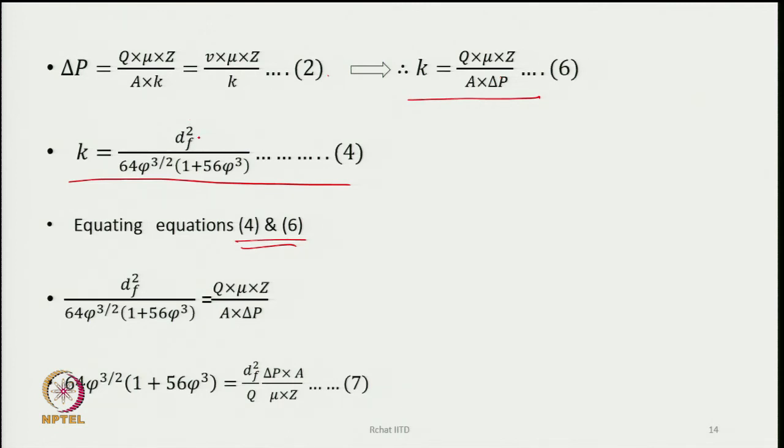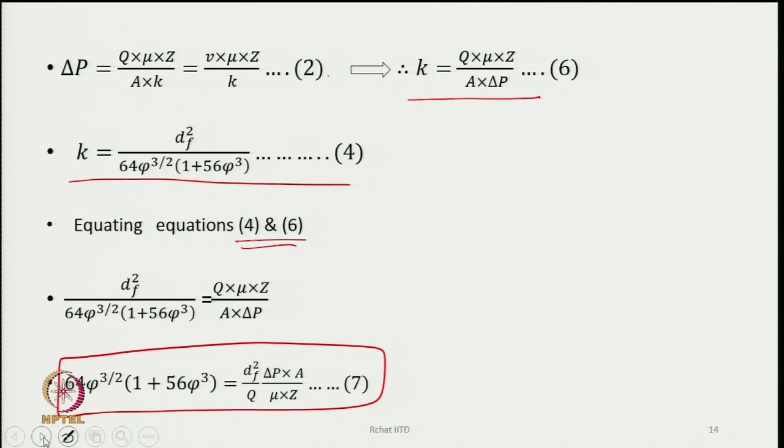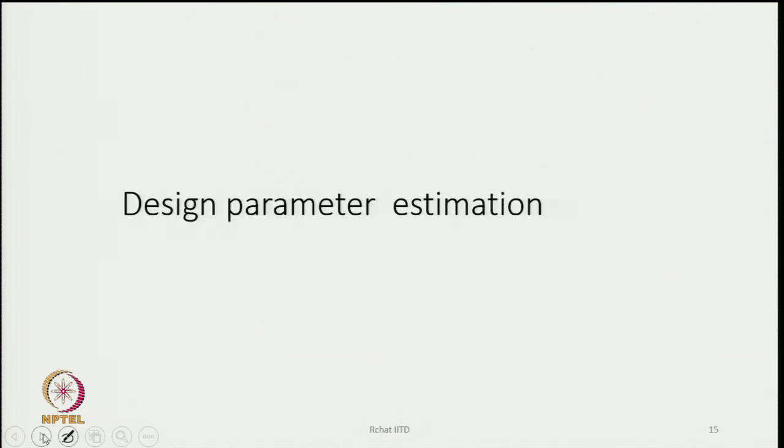Obviously, the left hand side also can be measured. We can measure the diameter of the fibers, we can find out the solid volume fraction. Anyway, therefore, we get an equation which is this. Now, this is the equation which we will be using to find out whatever fiber parameters we need to estimate.